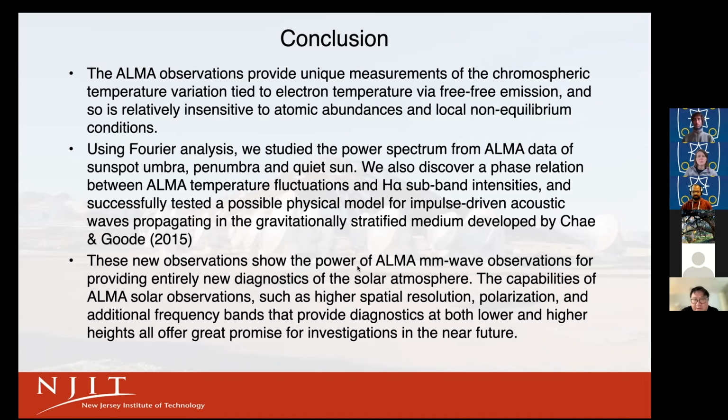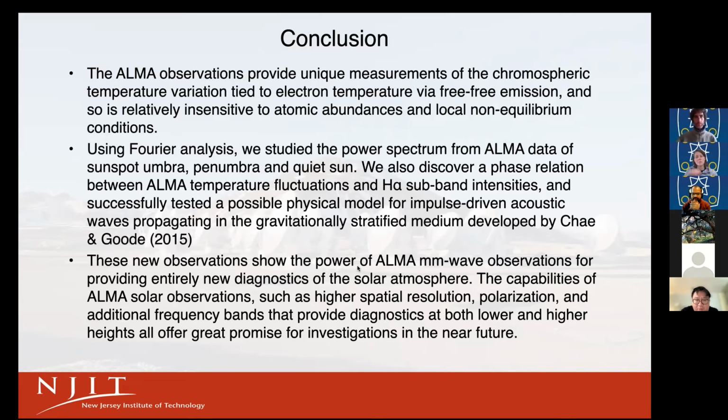And using Fourier analysis, we studied the power spectrum of ALMA, and we discovered a phase relation and successfully tested a possible physical model for the impulse driving acoustic wave propagating in a gravitationally stratified medium.